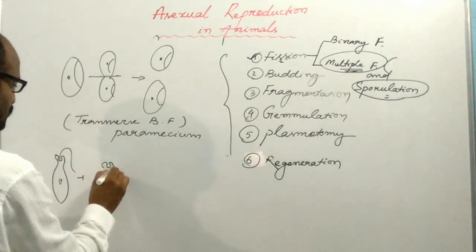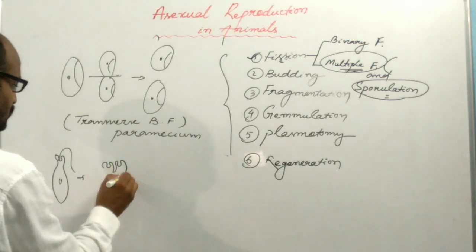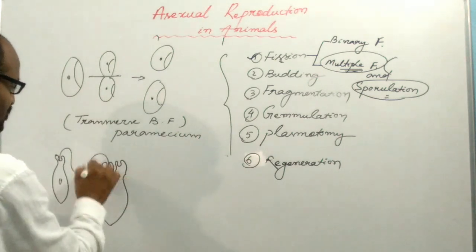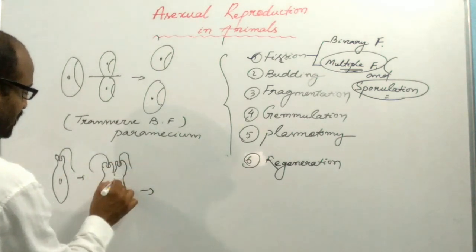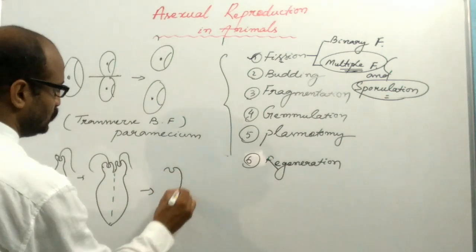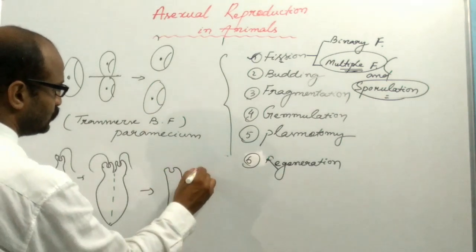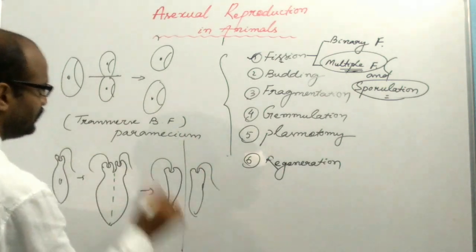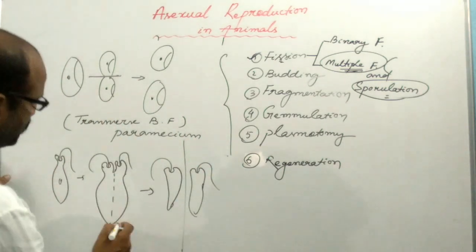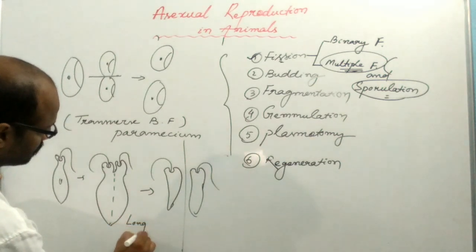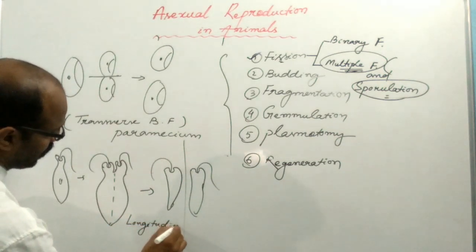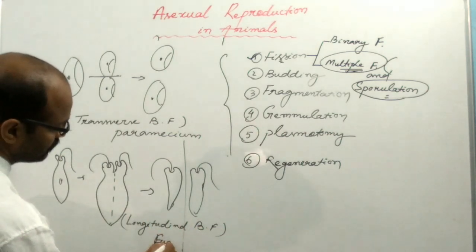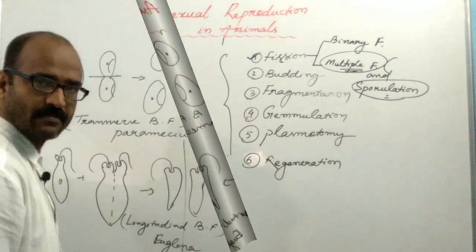In case of Euglena, the fission plane develops in a longitudinal fashion, and Euglena divides into two by longitudinal fission. So longitudinal binary fission is found in Euglena.